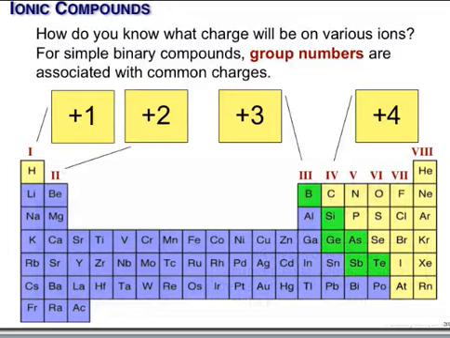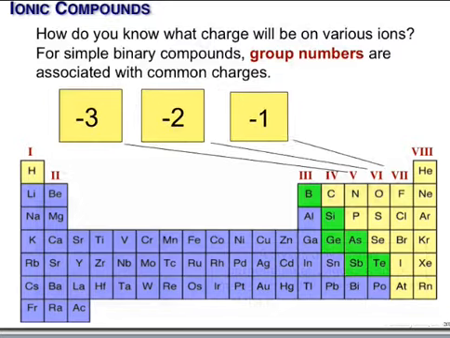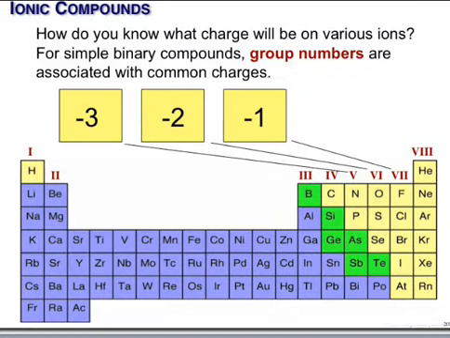By the time we get over here, we're really not dealing with ionic compounds. Right here at 3 and 4 gets a little bit fuzzy, maybe 5 gets a little fuzzy. But when we get over here to 6 and 7, of course 8, we don't do compounds at all because those are the inert gases.